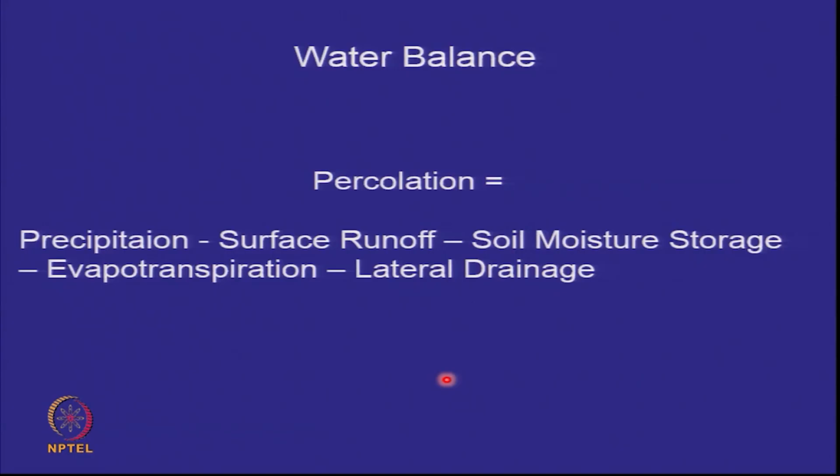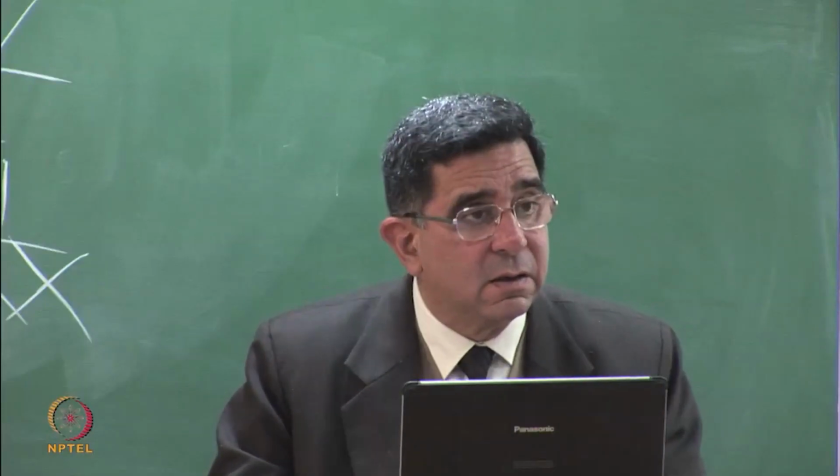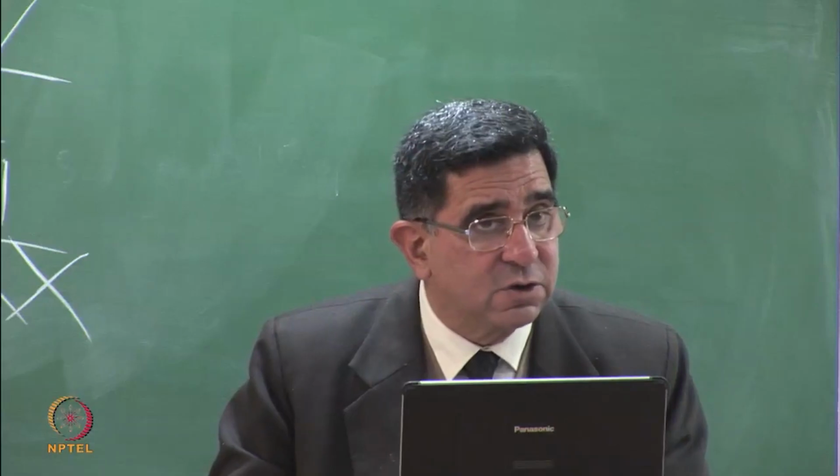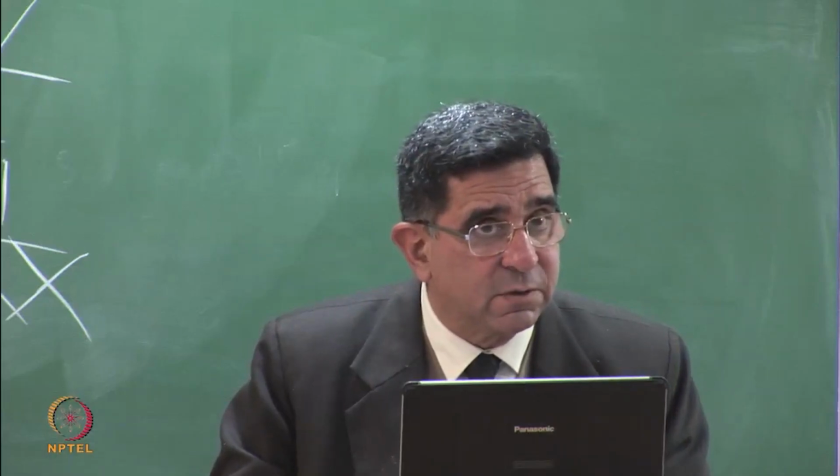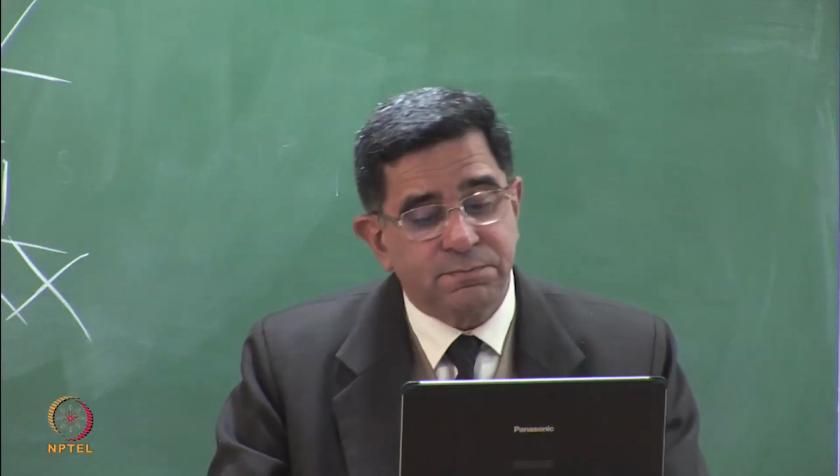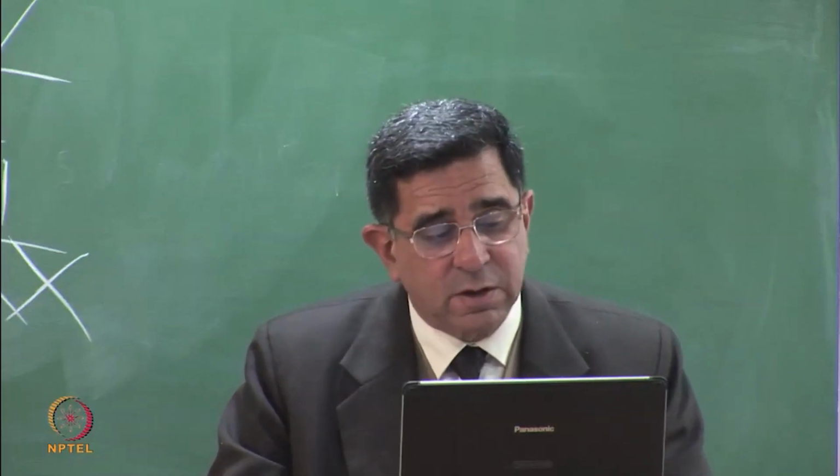First, remember that how much water is percolating into the waste is precipitation minus the surface runoff minus the soil moisture which is stored inside the soil. We have to remember that the topsoil and the protective layer is not totally saturated, and if it is not saturated it will store some extra water.